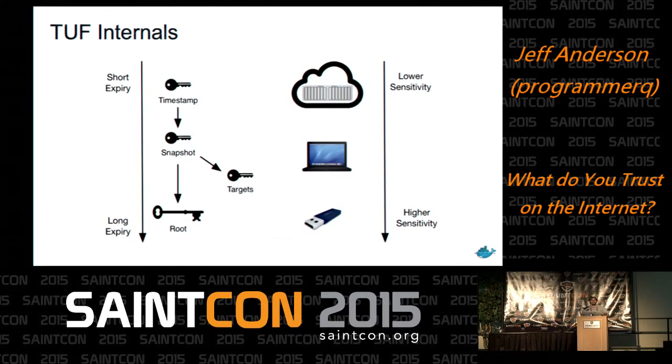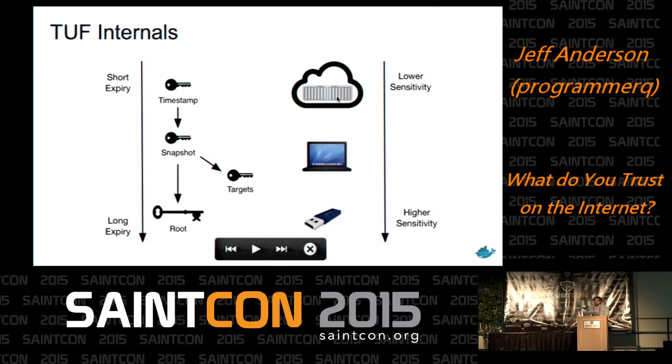And then you want the verifications done by the timestamp key to have a very low expiration, like maybe 5 or 10 minutes, so you can be sure that it's pretty recent. Pretty recent being 10 minutes, I think, is very reasonable. And in any TUF implementation, you can choose how long that's valid for.